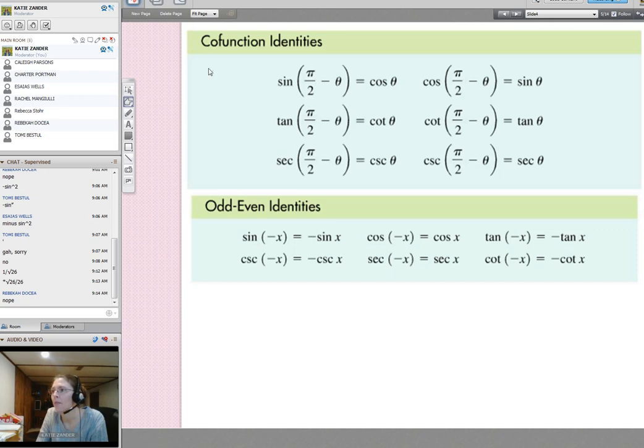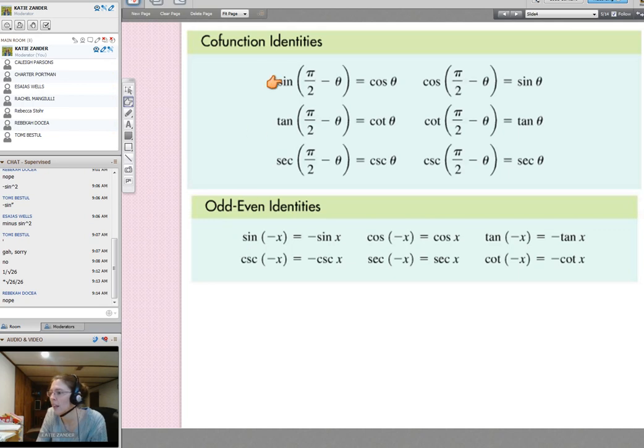All right, the next set of identities, and again, this is all found in your book, might be a good idea to create posters for it on some pieces of paper. So we have something called cofunction identities, and I don't expect you to memorize all of these by any means. And then we have even, odd, and even identities.